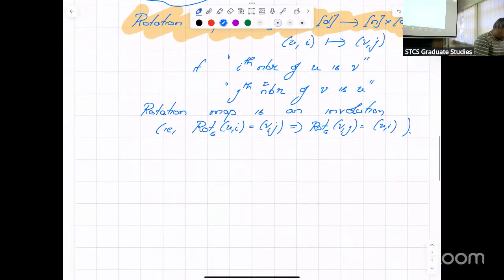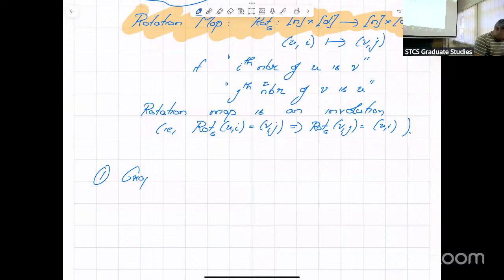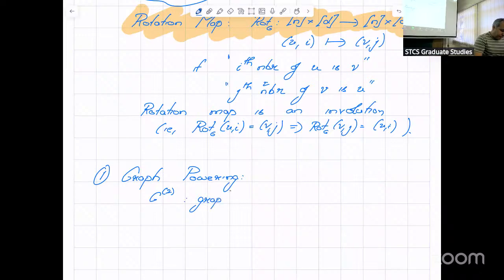Okay. The most simple of the graph operations is, of course, going to be graph powering. So in general, let's look at G squared.